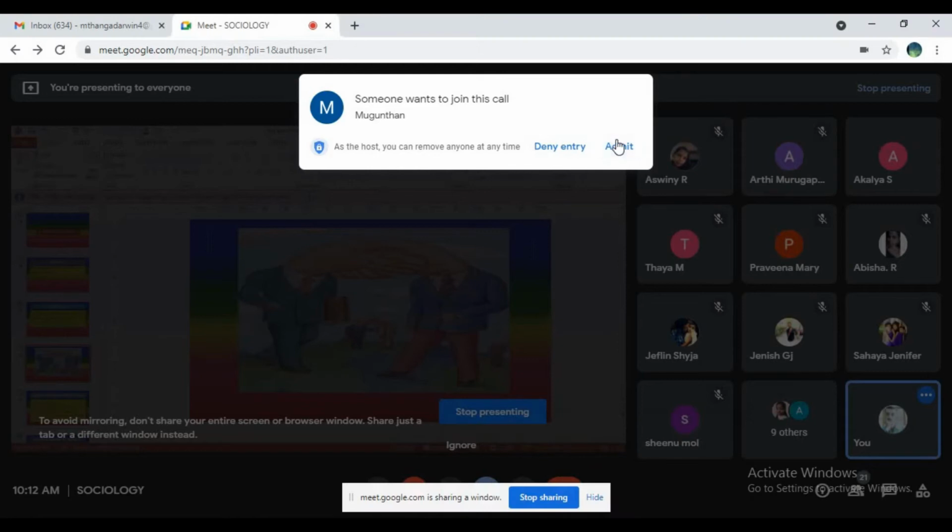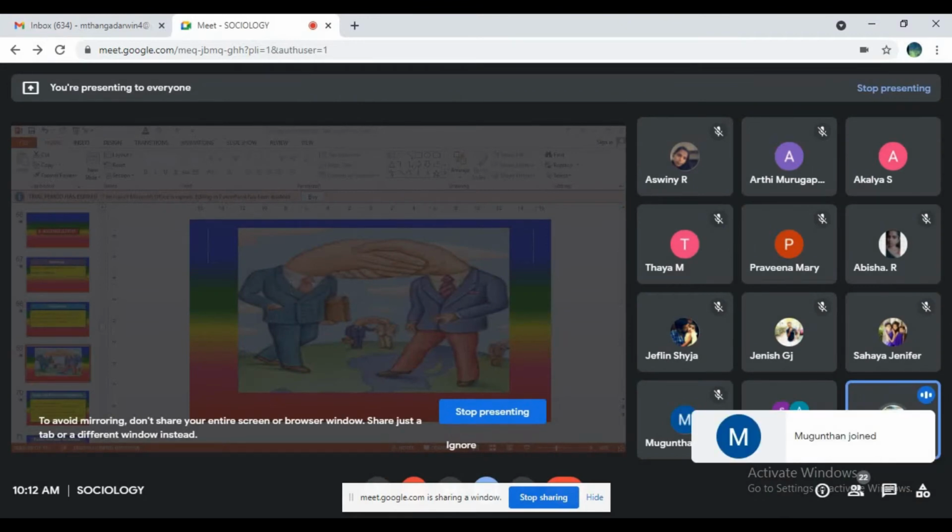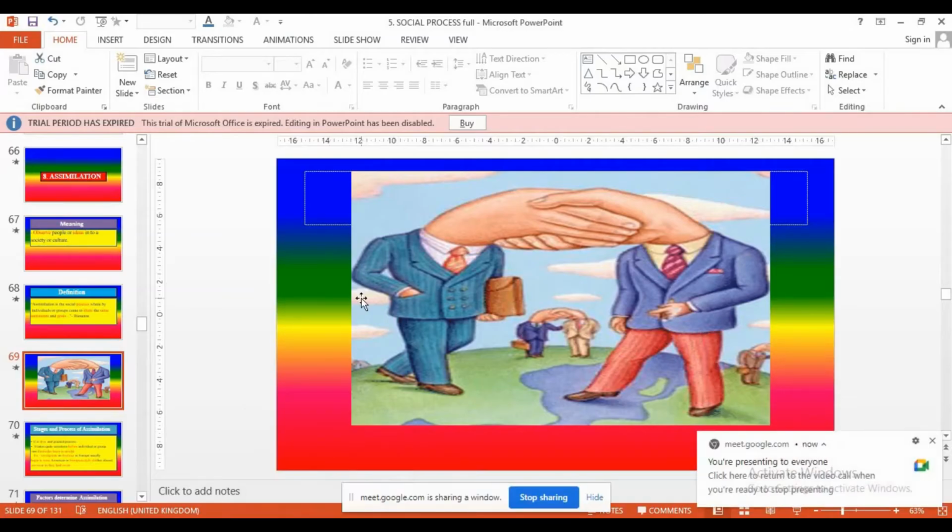The college organizes an orientation program. The aim of the orientation program is to promote assimilation.